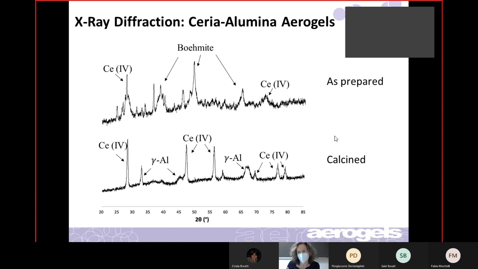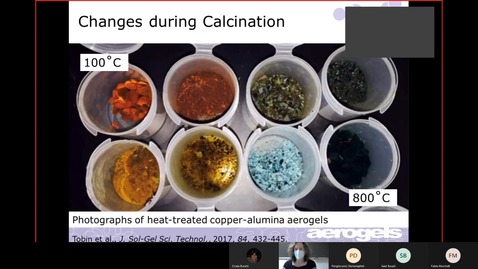Then there's the copper ones. So these are copper alumina aerogels that are heat treated. So these are all the same type of copper alumina aerogel initially, but we heat treated to 100, 200, 300, 400, 500, 600, 700, 800 degrees C. And what we are seeing is significant changes.